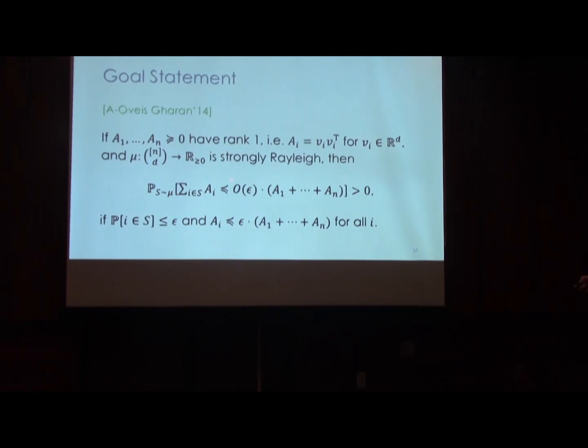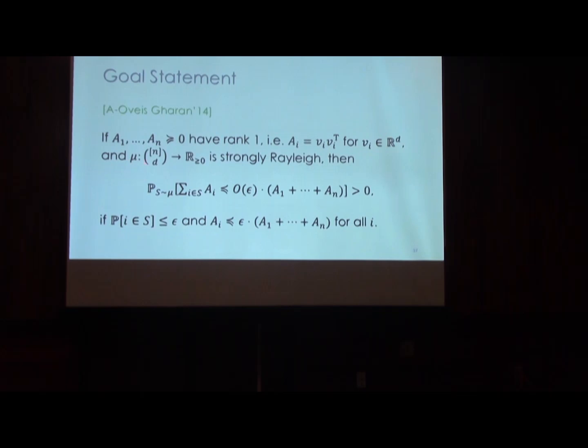Here is the statement that we are going to prove. It's long, but it's not that hard to understand. So let's say that you have a bunch of rank 1 PSD matrices, A1 through An. You can also write them in their Cholesky decomposition as v_i v_i transpose.